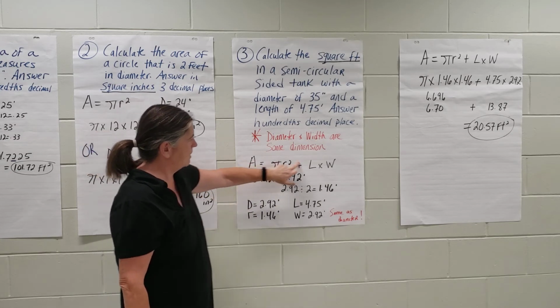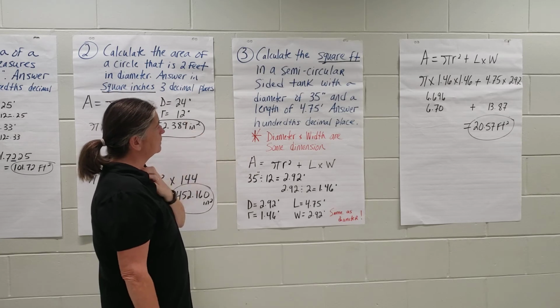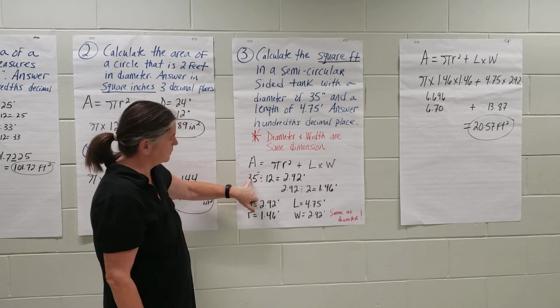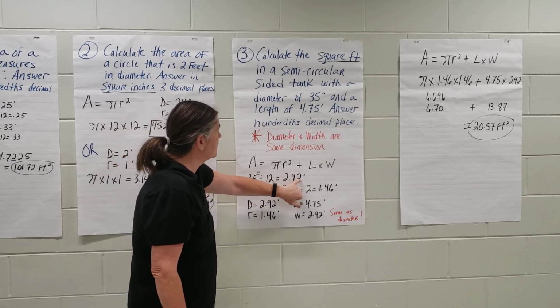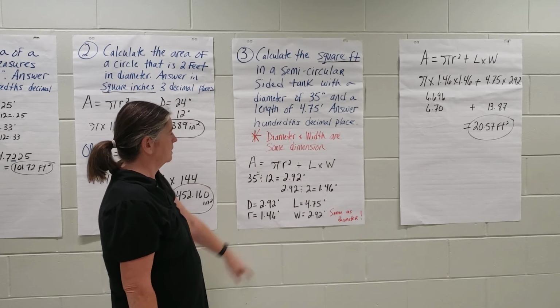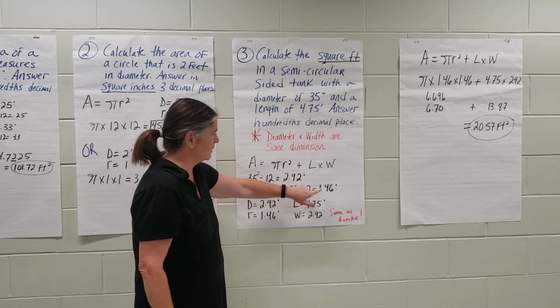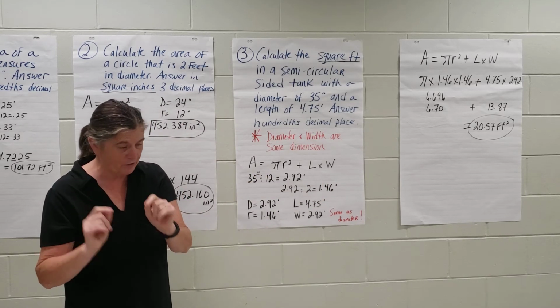When we're doing the area in these semicircular sided tanks, we have to remember that the diameter and the width are the same dimension. So here's our pretty formula. But first of all, we've got to get our inches to feet. We take 35 divided by 12: 2.92 feet would be our diameter. Divide that by 2, because your radius is always half your diameter, and you get 1.46 feet. So here's what I like to do, and I suggest you do the same thing.